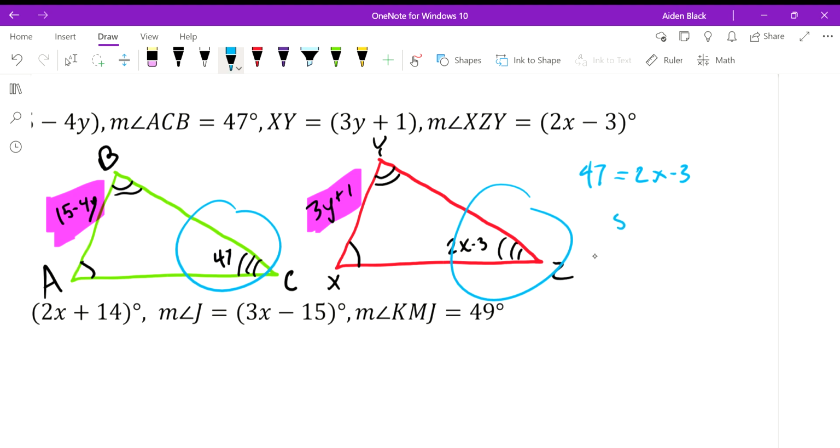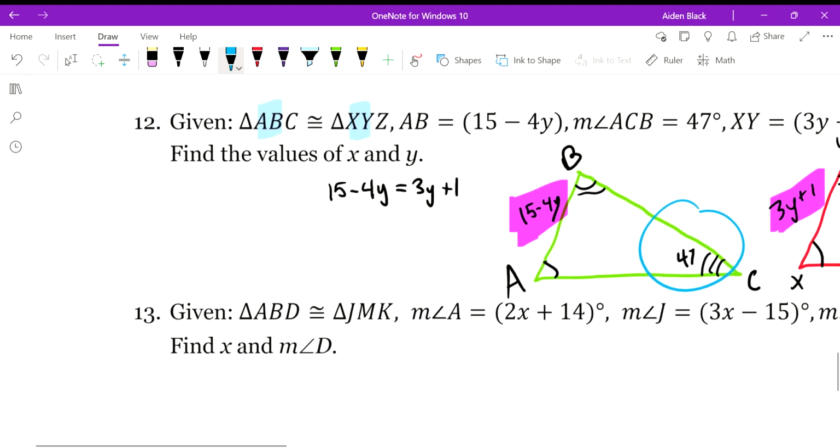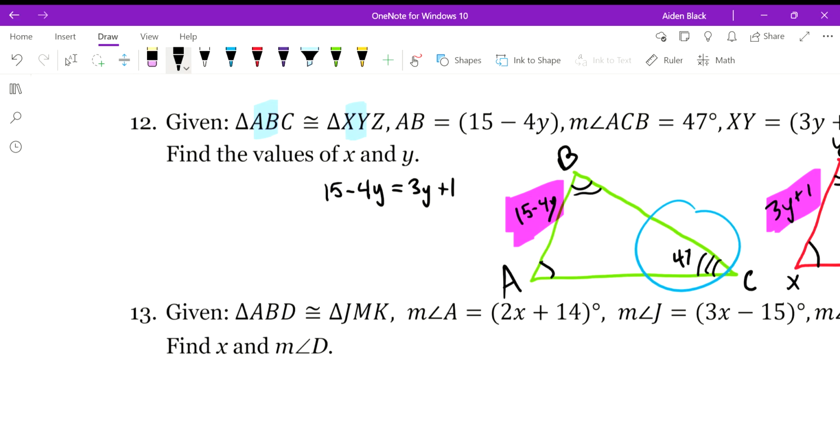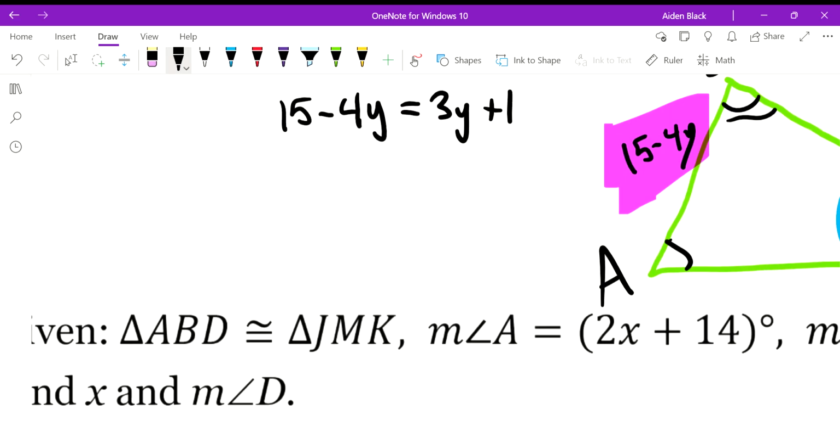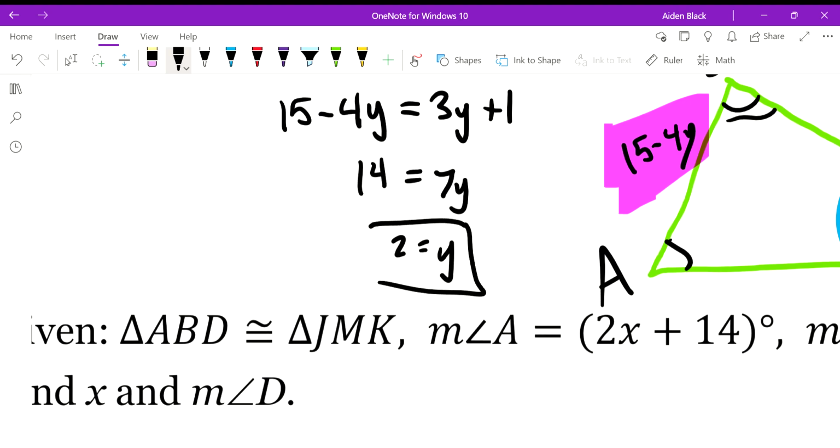Add 3 to both sides, so x equals 25. On this equation, we could add 4y to both sides. That'll give us 7y, and then I'll subtract 1 from both sides. So I know y equals 2.